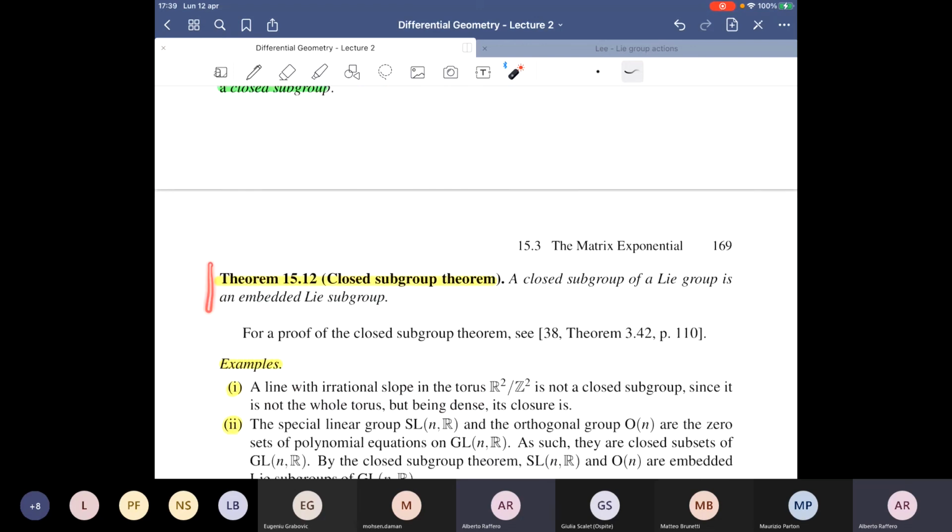So this is a theorem that is not proved here, and it tells you that if you have an algebraic subgroup of a Lie group which is also a closed subset in the topology of the Lie group, then it is immediately an embedded Lie subgroup. So in particular, it is a Lie subgroup according to the definition we gave before. Actually, it is much nicer because it is embedded, and so it has the topology induced by the Lie group we are considering.